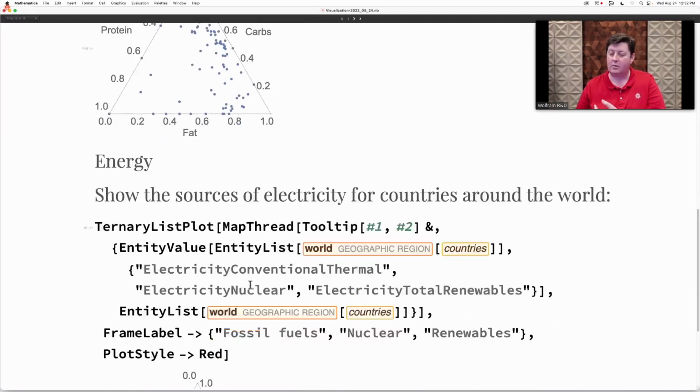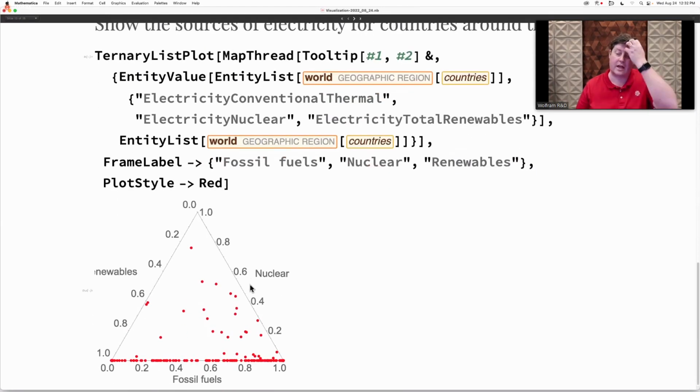The other one that I thought was an interesting thing to look at was where different countries get their electricity from, what the source is. Is it coming from renewable green energy? Is it coming from nuclear? Or is it coming from fossil fuels? The bottom axis here is basically all the countries that have none of their energy coming from nuclear. And then we have, say, France up here, which has almost 80% of their power coming from nuclear energy.